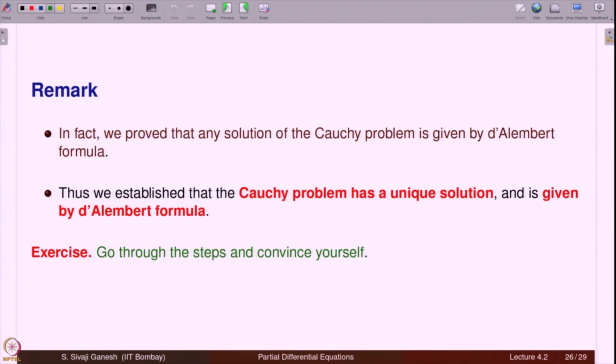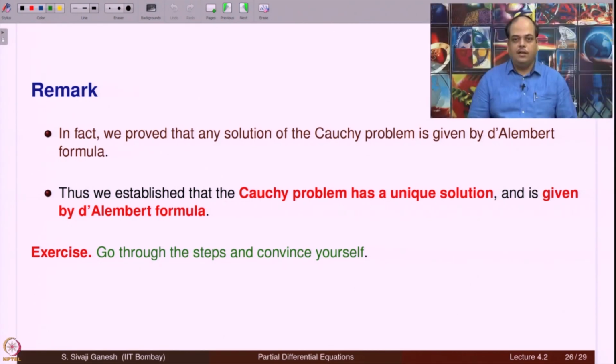In canonical form, a C2 solution exists if and only if it is given by f of xi plus g of zeta, and f and g have to be C2, no compromise there. After that we went back and substituted. Everywhere there is no loss of information, therefore the uniqueness is there in the proof. Please convince yourself that we have indeed proved uniqueness, and in case you are still not convinced, we will give a couple of other proofs later on.